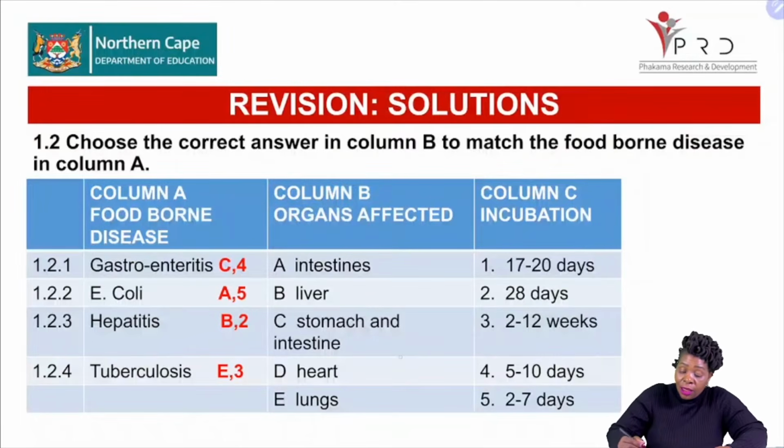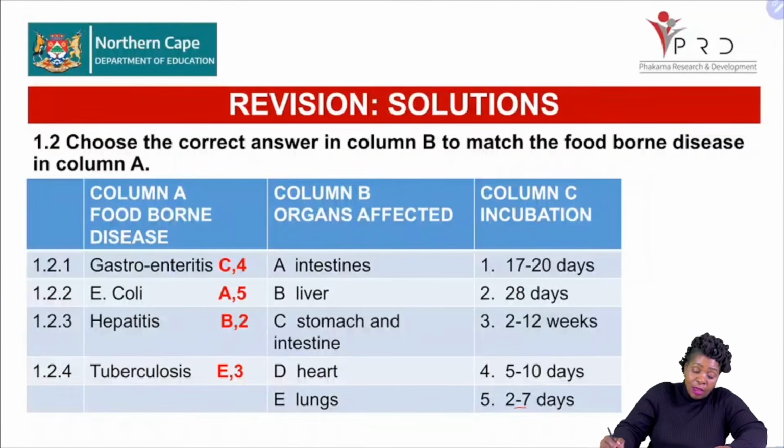And then the incubation period is 5 to 10 days. The second one is E. coli. The matching one is A. Again, it's found in the intestines of animals and human beings, and the incubation period is 2 to 7 days.